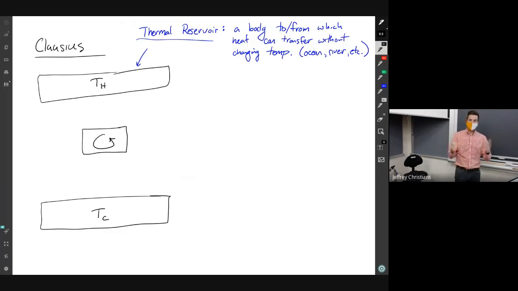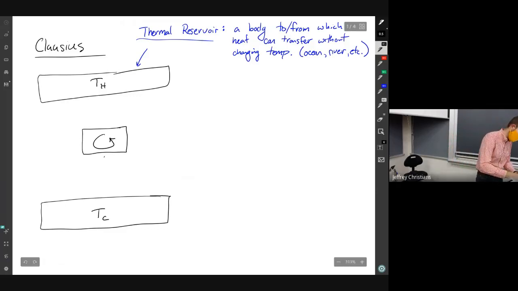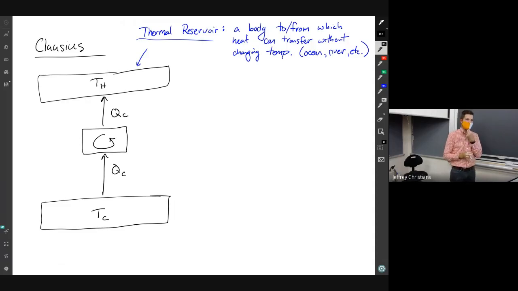I don't know what components it has, it doesn't matter. But you can't make something like that that takes heat from this cold place, we'll call it Q cold, and pushes that heat into the hot thing. So heat doesn't flow from cold to hot naturally, and you can't make something that forces heat to flow from cold to hot.